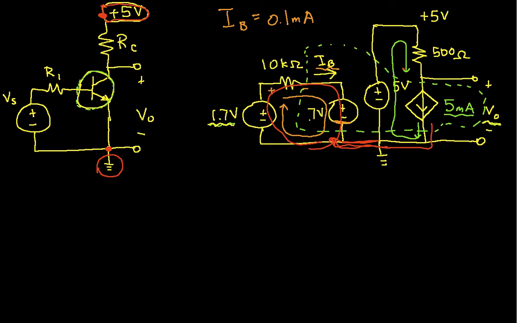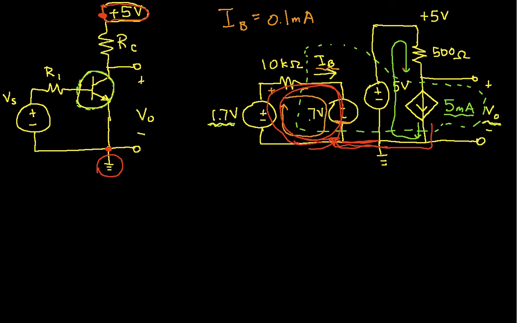It can't just flow into one part of the circuit without coming back. So that's how we know that no current is going to flow from the dependent source back into this part of the circuit. It all has to flow around the loop that we have here that includes the 5 volt source and the 500 ohm resistor.